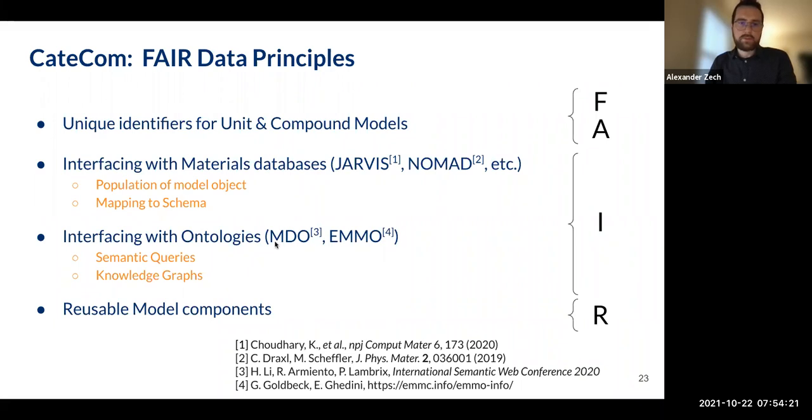So for example, we have the Materials Design Ontology or the Elementary Multiperspective Materials Ontology. Since the taxonomy or categorization that we have here shows a lot of similarities, we could try to interface it with these ontologies as well. And this would allow us perhaps to run semantic queries or to construct something like knowledge graphs.